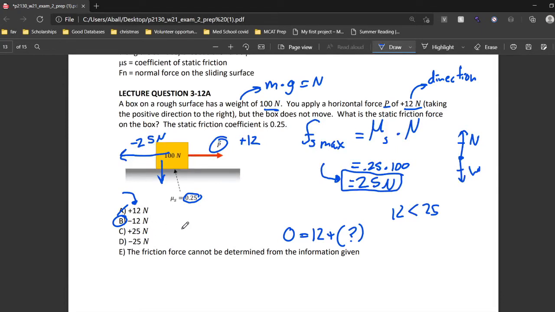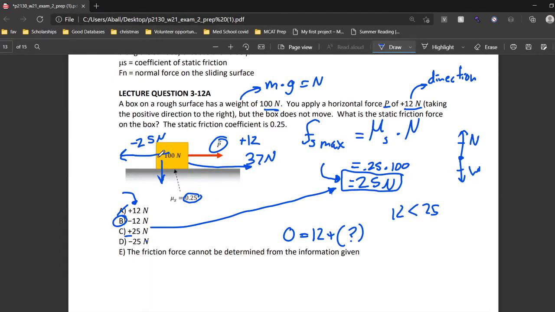C does not consider direction, as well as it is plugging in the Fs max. It's not considering the force actually being applied on the object. If we had a plus 25 newtons, we would say that the object is moving with a force of 37 newtons.